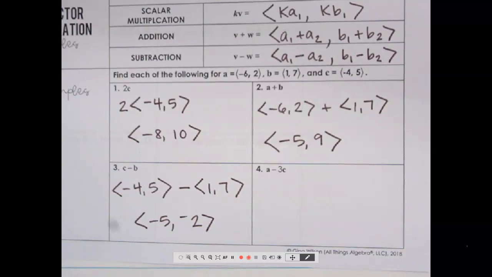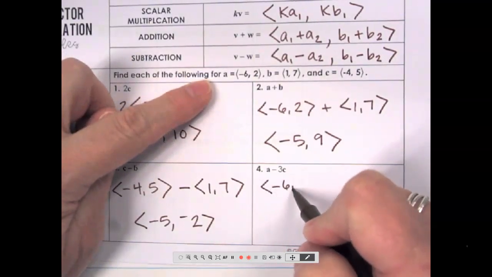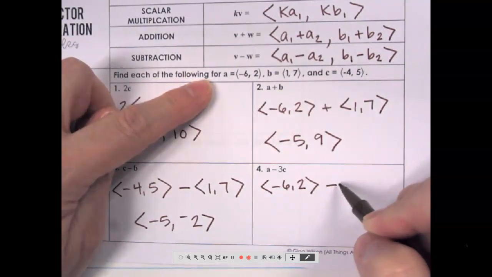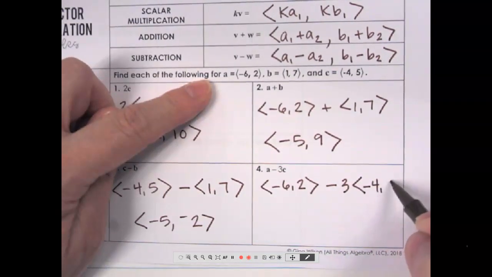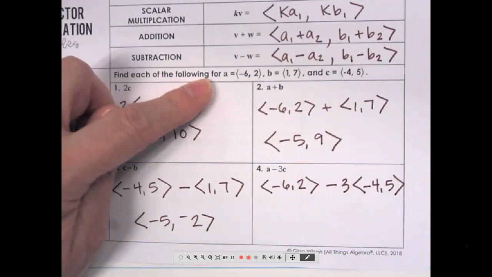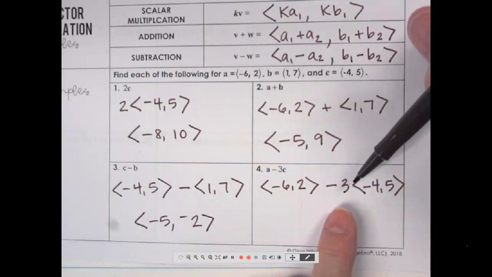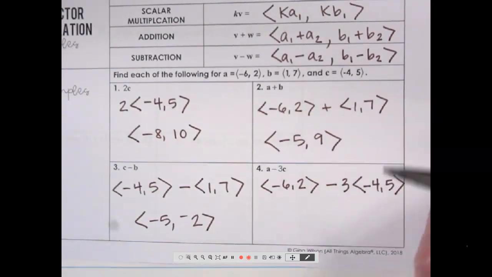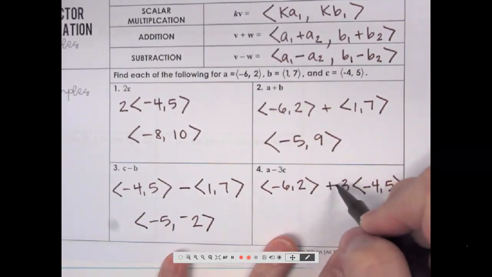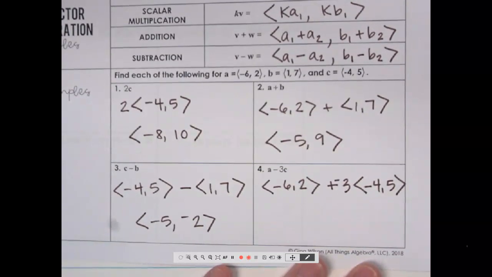Okay, this next one involves some subtraction and scalar multiplication. So I have a minus 3 times c. Now, we're either going to distribute a 3 and leave it a minus, or I think what I would prefer to do is make this plus a negative and then multiply by a negative 3 and change it to addition.